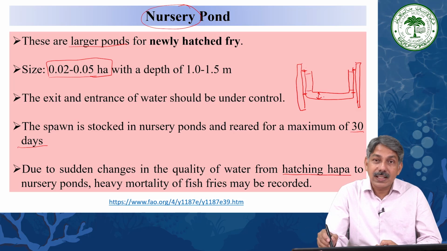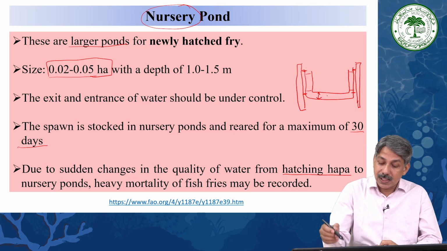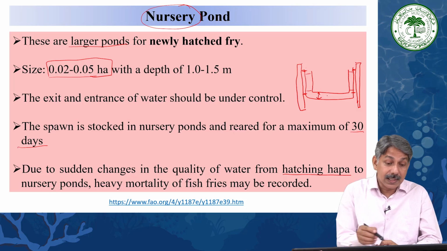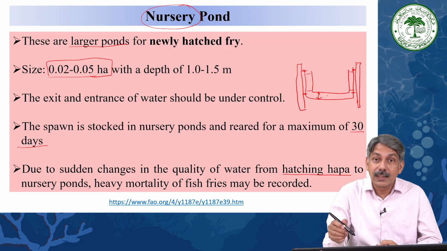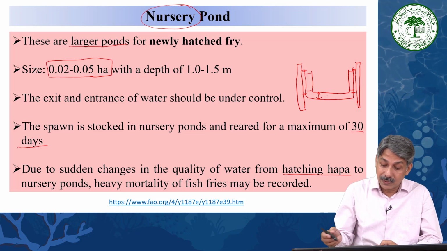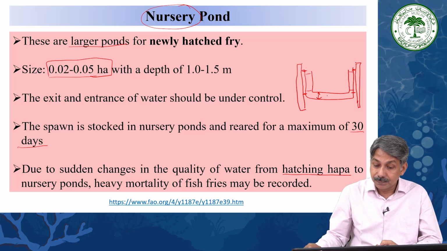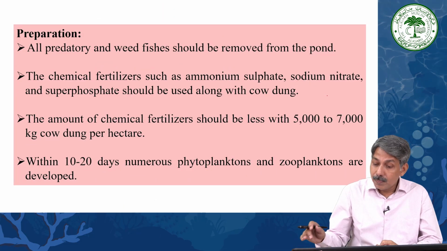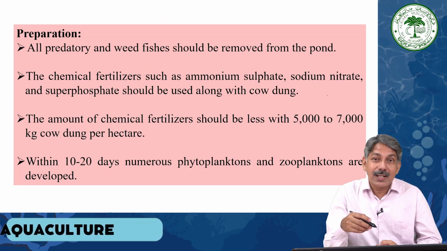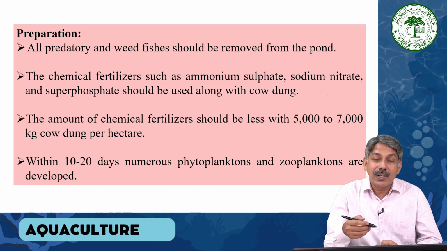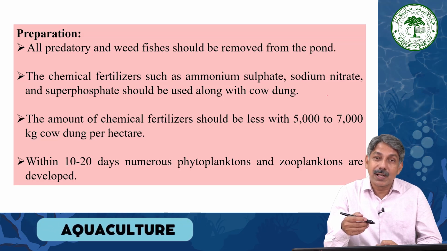These hatchlings have a yolk sac, and once their yolk sac is absorbed, they are shifted to the nursery pond for further care, growth and nursing. But nowadays especially, we are not using traditional hatching hapa and breeding hapa.